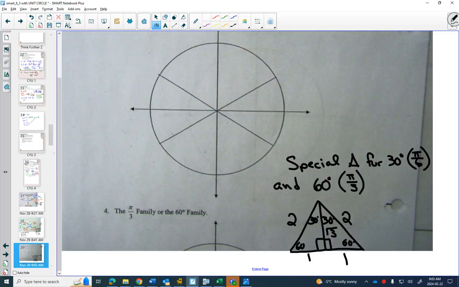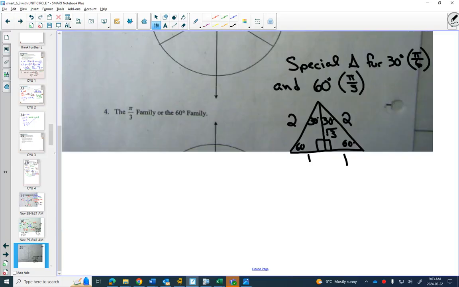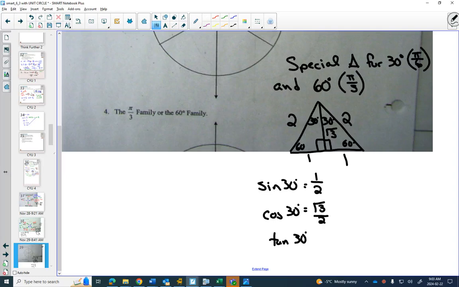If we have all of its sides labeled, we are able to write sine of 30 degrees, cos of 30 degrees, and tan of 30 degrees. Sine, opposite over hypotenuse, 1/2. Cosine, adjacent over hypotenuse, root 3 over 2.